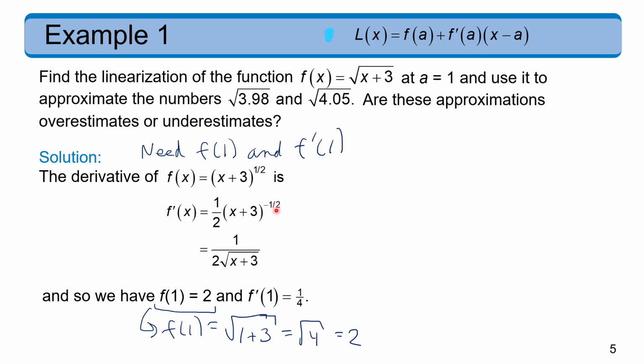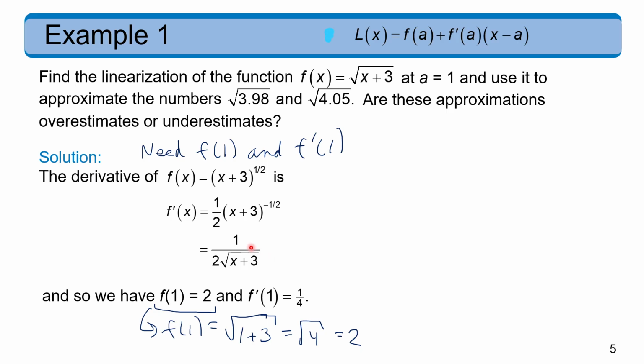We know the negative in the exponent means you can move it to the denominator and make the power positive 1/2. And a power positive 1/2 is the same as a square root. So here's our simplified f prime of x. Now what we needed was f prime of 1.